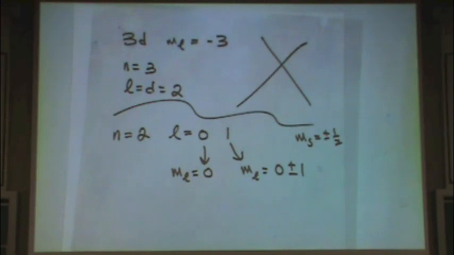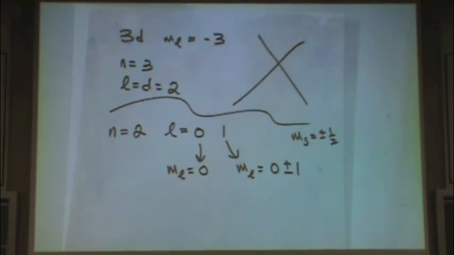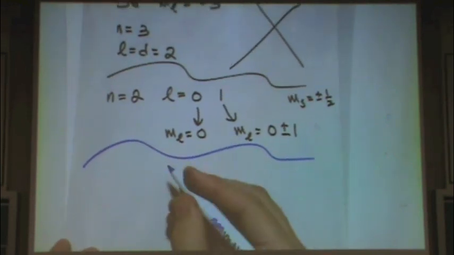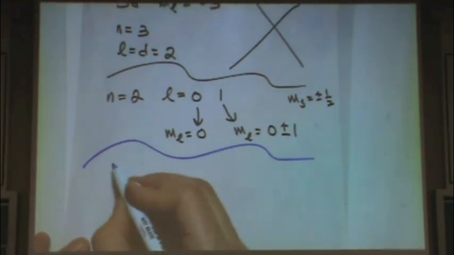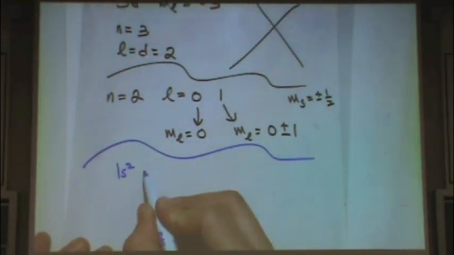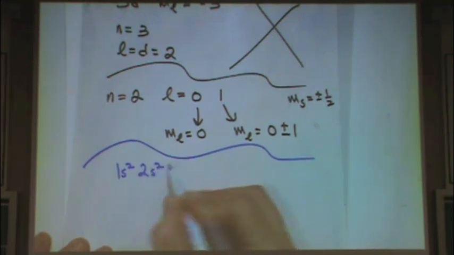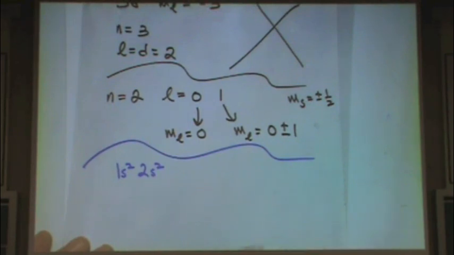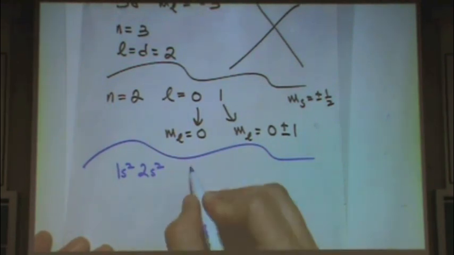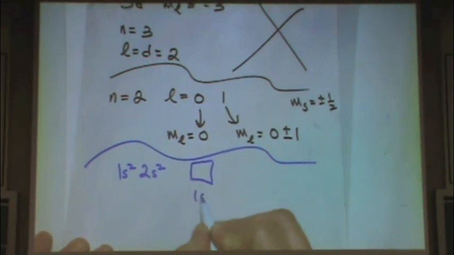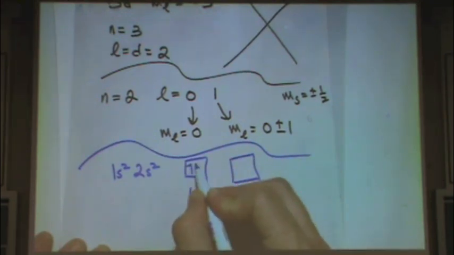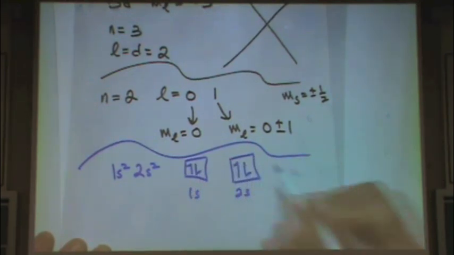Okay, another type of question you could be asked for quantum numbers is, let's say we said you have 1s2, 2s2. Let's write the electron configuration in this kind of notation: 1s2, 2s2.